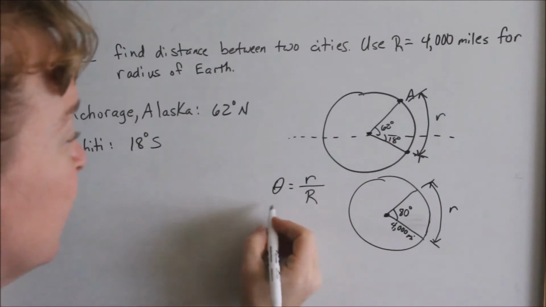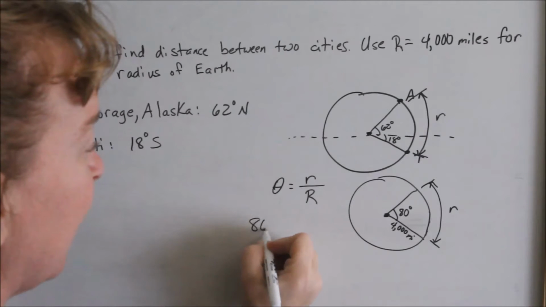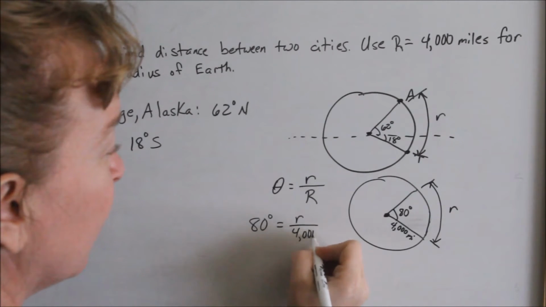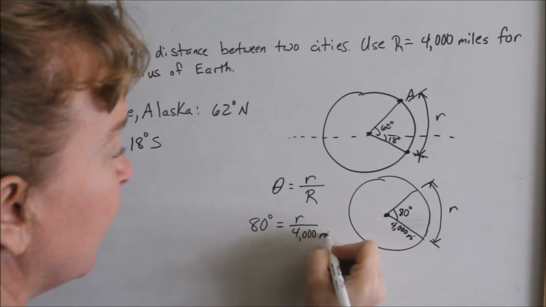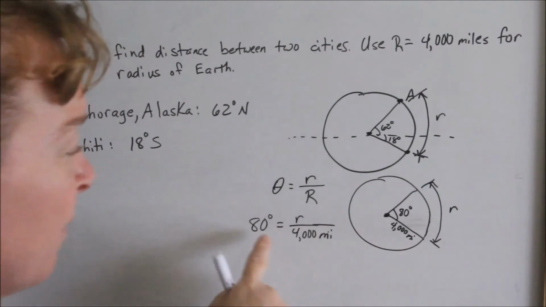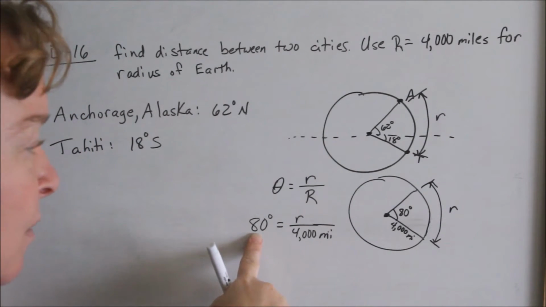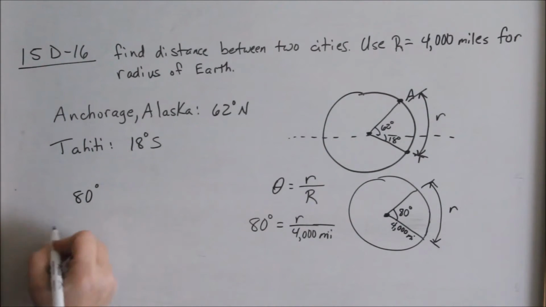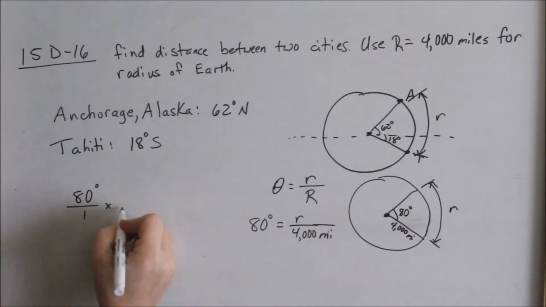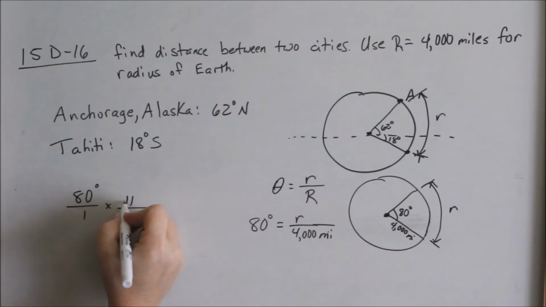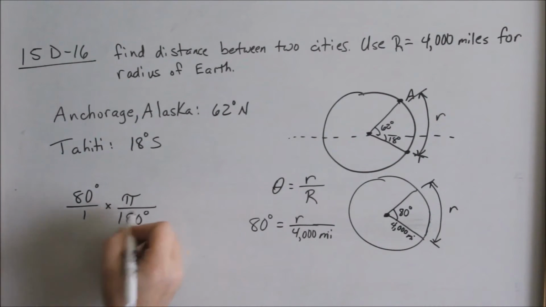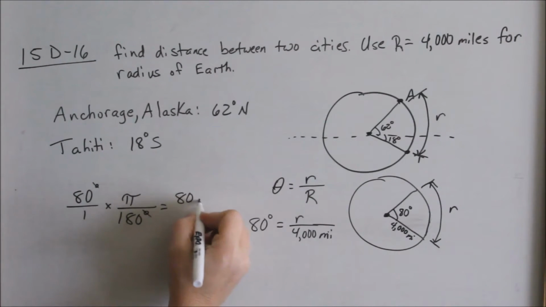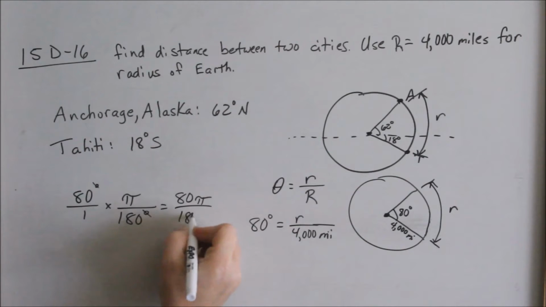Okay, so here I'm just going to write it like this, 80 degrees, but we have to put our angle in radians. This has to be in radians, not degrees. Okay, so right off to the side, I'm going to convert my degrees into radians. Okay, pi has to go here, 180 degrees here, so my degrees cancel. That's the same thing as 80 pi over 180.